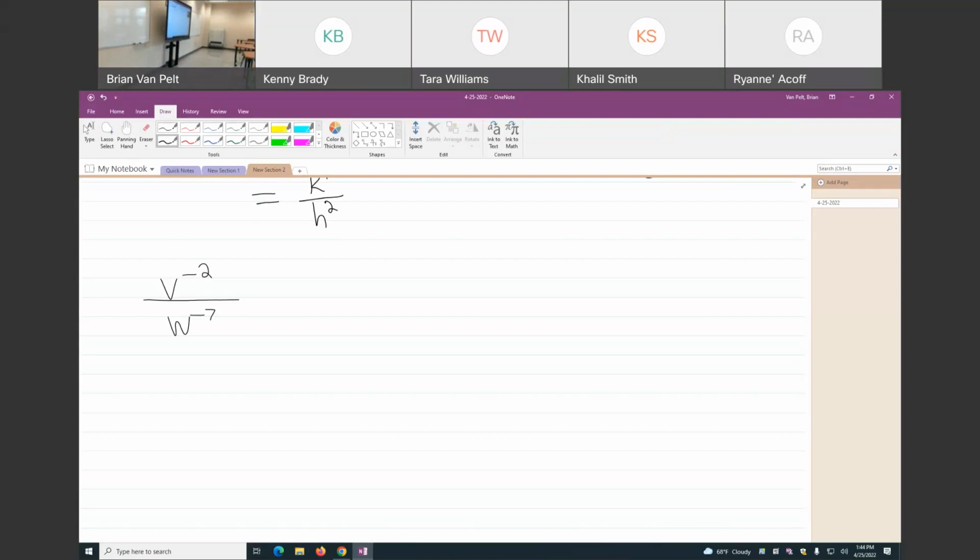Now what I showed you, this should be a one-step problem, because all you have to do is swap them. W to the 7th power, b to the positive 2. So we can use that from now on. That's a nice, huge shortcut for these problems.